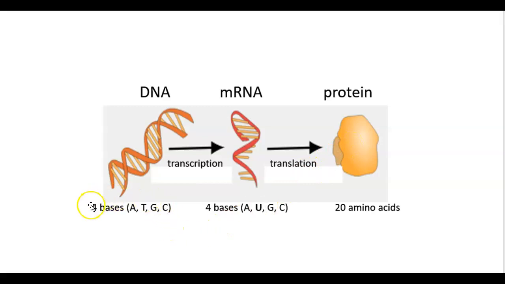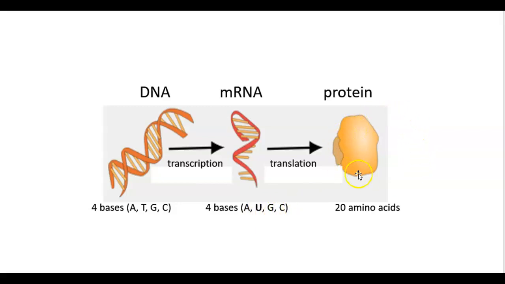And we know that the DNA is made up of 4 bases, A, T, G, and C: adenine, thymine, guanine, cytosine. The messenger RNA is made up also of 4 bases: adenine, uracil, which replaces the thymine, guanine, and cytosine.